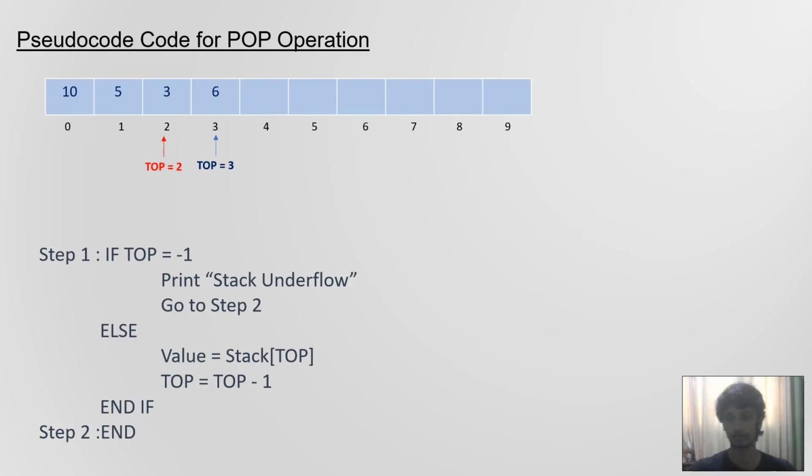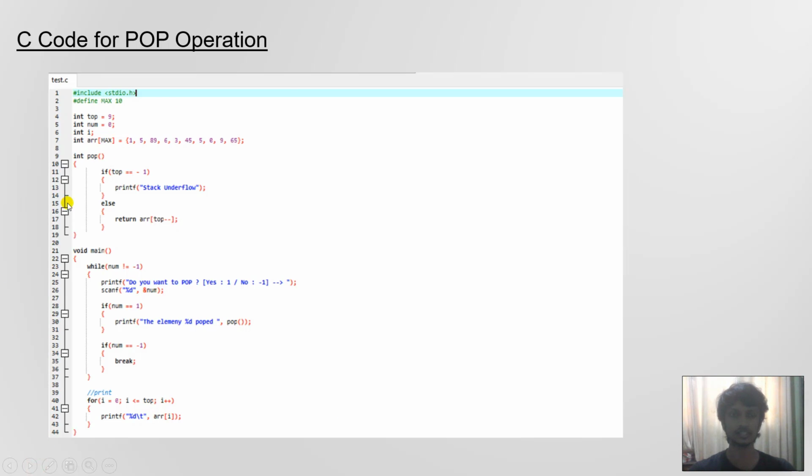After we perform the deletion operation, the top will be decreased by 1. Therefore, we simply write top = top - 1. So basically, this is the pop operation and how you implement that procedure by using pseudocode. Let's see how we write C code for this operation.